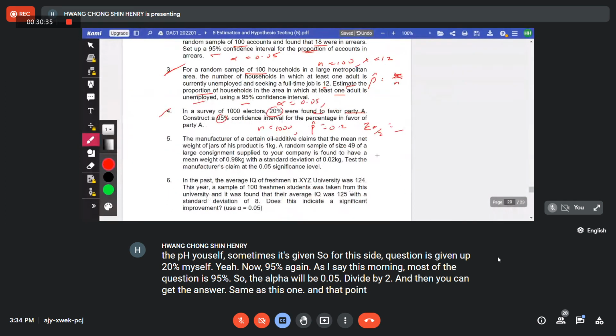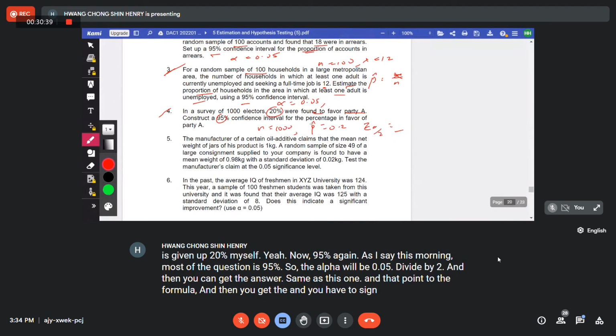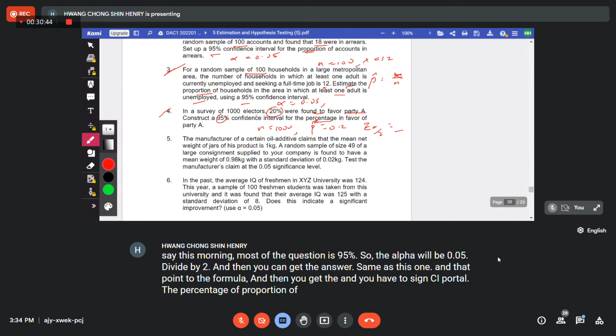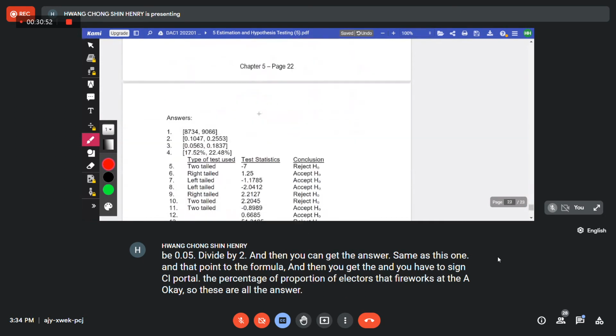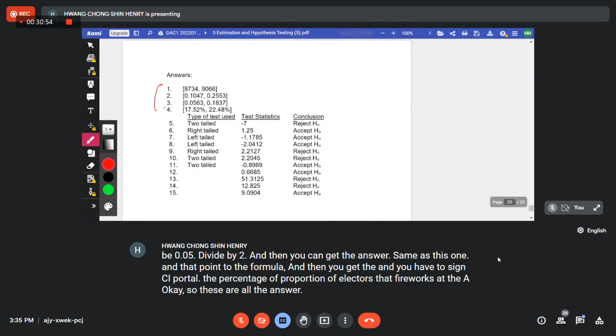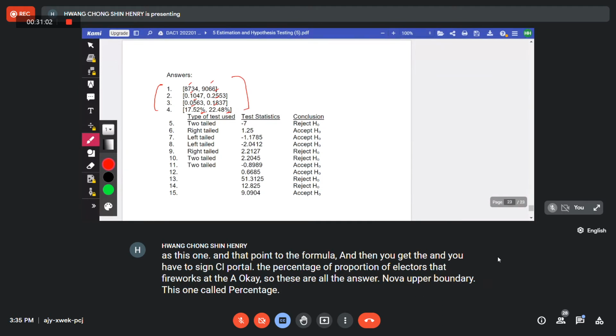And then put into the formula, and then you get the 95% CI for the percentage or proportion of electors that favor RTA. Okay, so these are all the answers. Lower, upper boundary. This one got percentage. Question 4 got percentage.